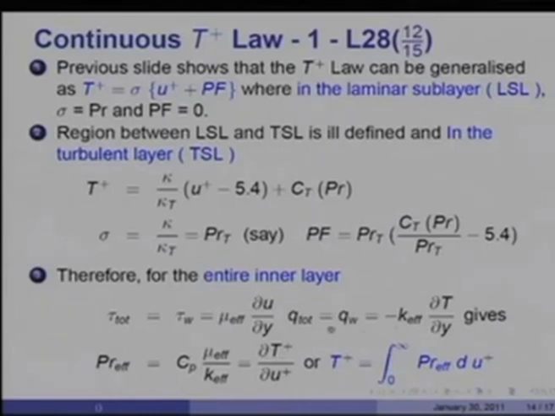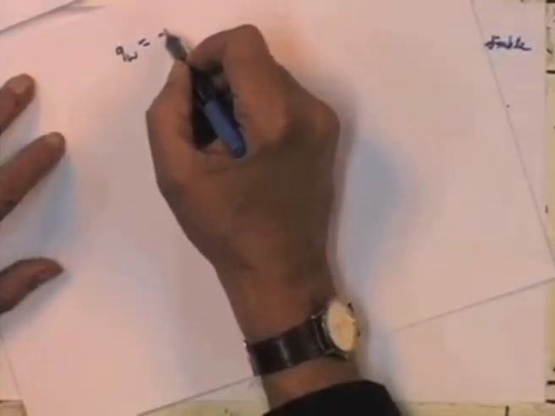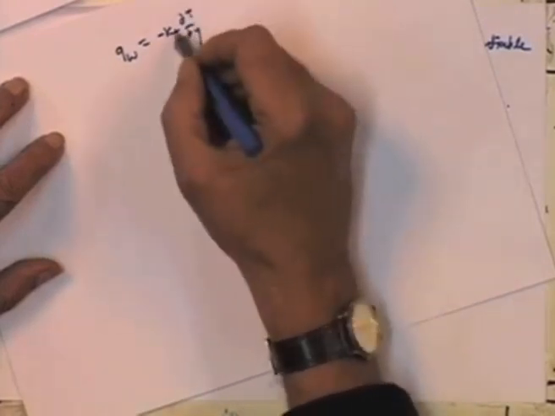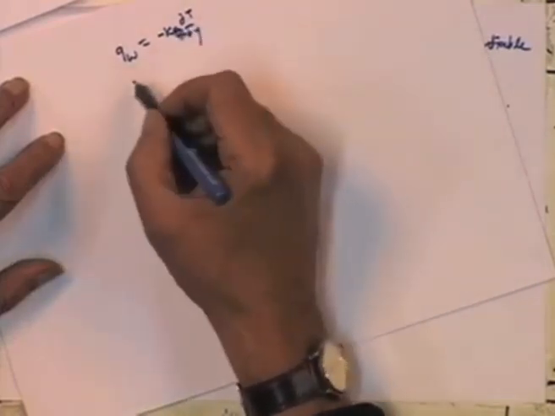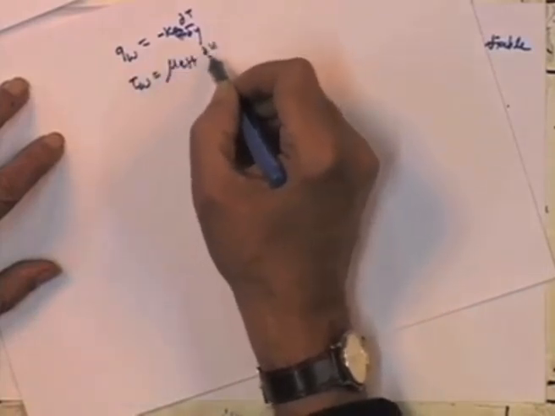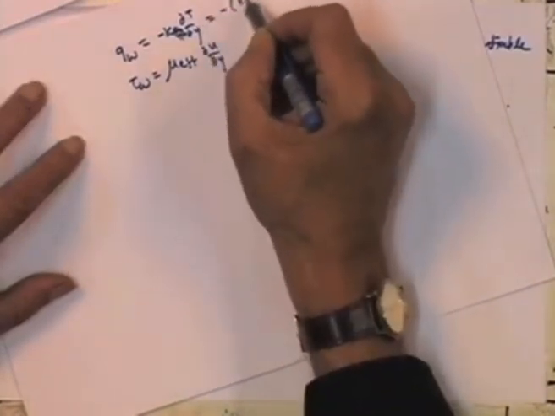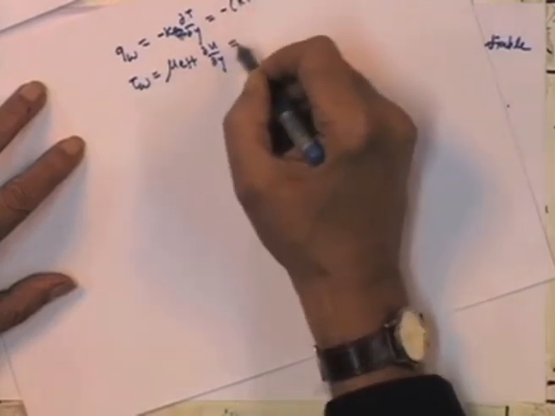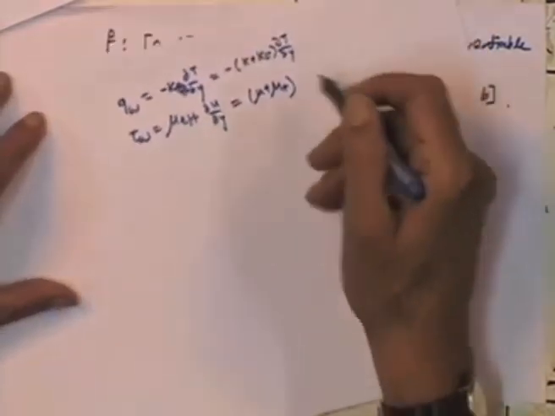To understand this, let us say Q wall is equal to minus K effective dT dy, where K effective is K plus Kt, and tau wall is equal to mu effective du dy, which is equal to mu plus mu t du dy.